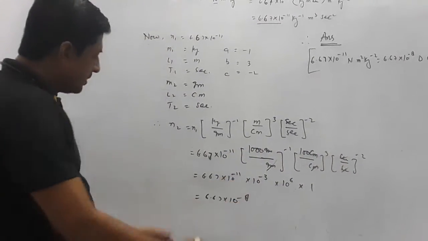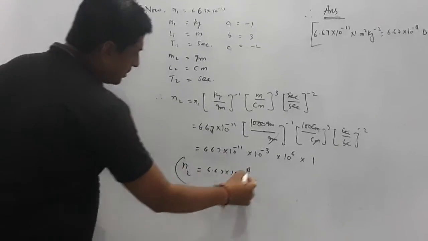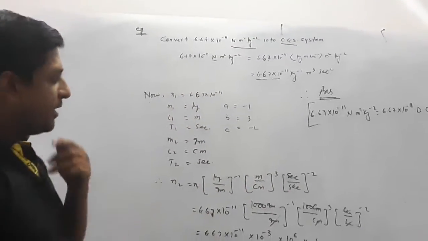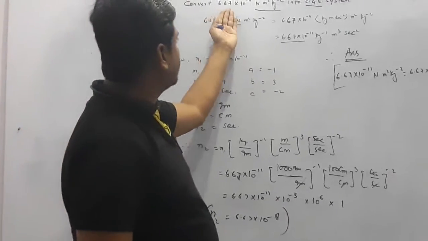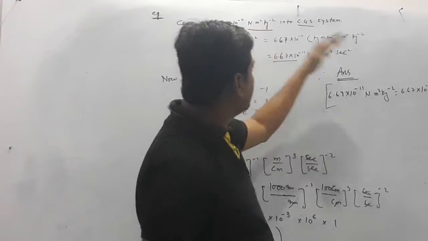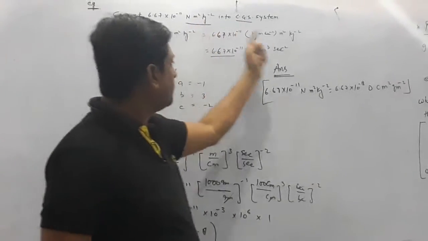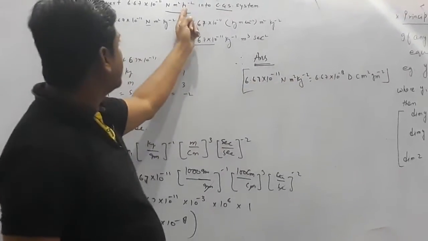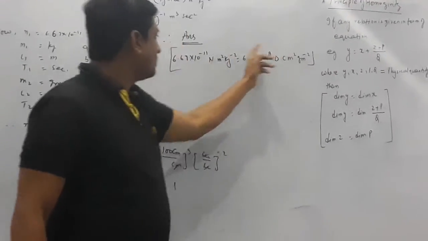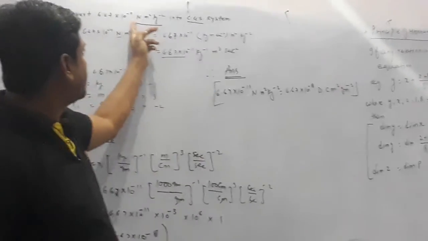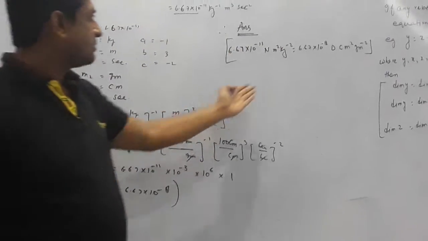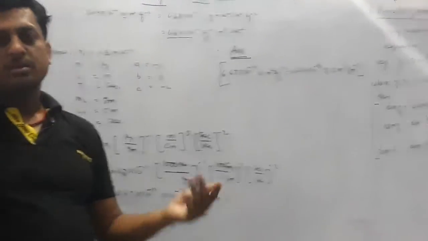You will get the value of this particular problem in the system in which you are going to change. Now the question was this. So this equals, in CGS, in place of newton, dyne, in place of meter, centimeter square, in place of kg, gram power minus 2. This numerical value was in the given system. So now in this system you have calculated this answer, and you can write the answer.